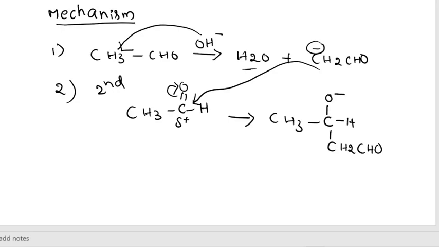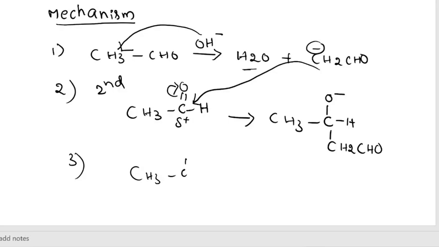And the water produced in the first step will help the alkoxide ion to get protonated, so that the alkoxide O minus ion readily takes away the H plus ion from the water and you will get the product like this.